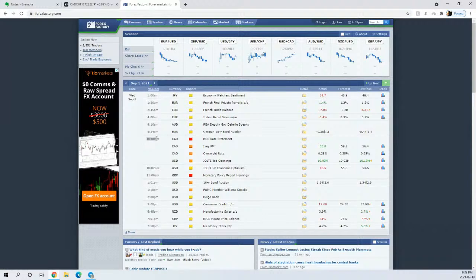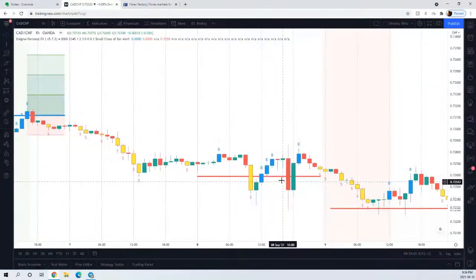So this CAD news helped with the bias for the week. Okay, and I'm gonna show you that was the news candle right there.